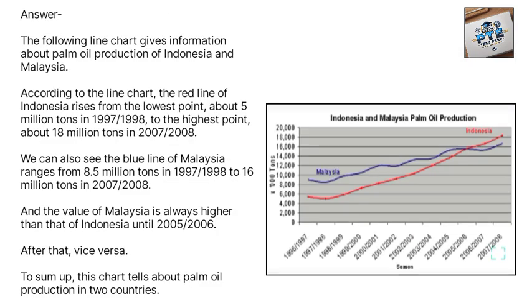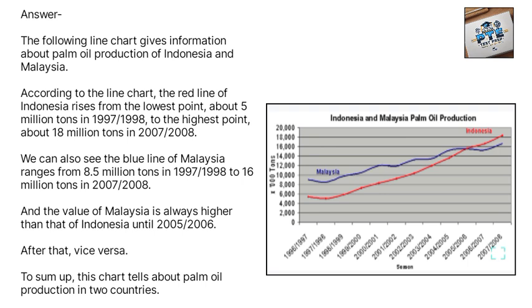The following line chart gives information about palm oil production of Indonesia and Malaysia. According to the line chart, the red line of Indonesia rises from the lowest point, about 5 million tons in 1997/1998, to the highest point, about 18 million tons in 2007/2008.